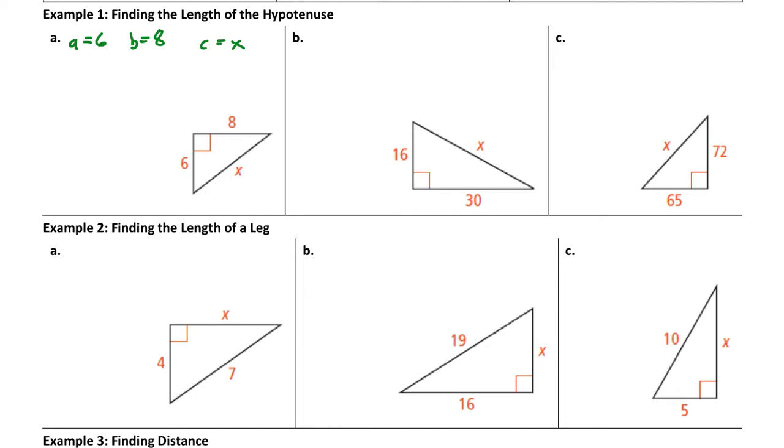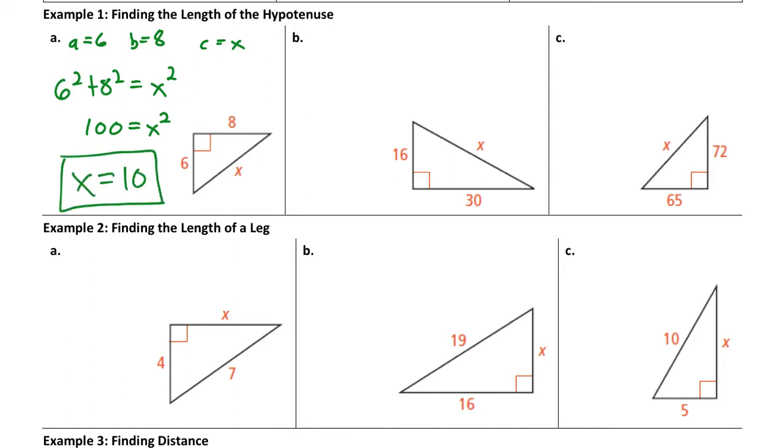So to set this up, I would do 6 squared plus 8 squared equals hypotenuse squared, x squared. This would be 36 plus 64, which is 100, is x squared. The square root of that is the solution to this example. So the square root of 100 is 10. So x is just 10.